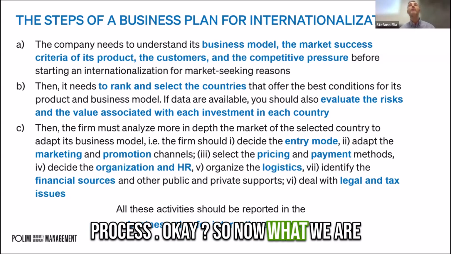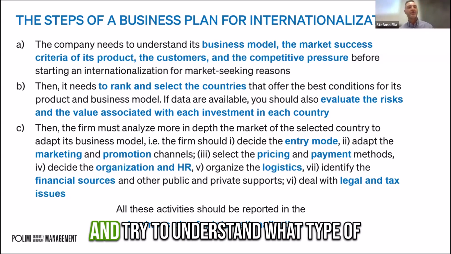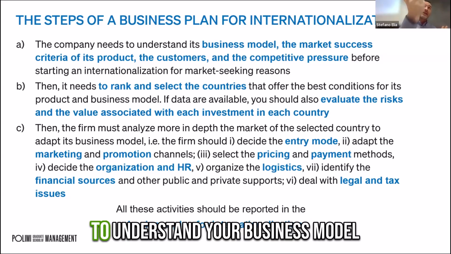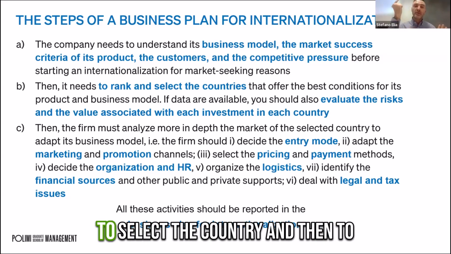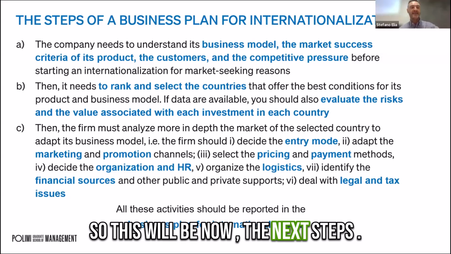So now what we are going to do is explore each of these points and try to understand what type of tools you can use to understand your business model, to select the country, and then to adapt your business model. So these will be the next steps.